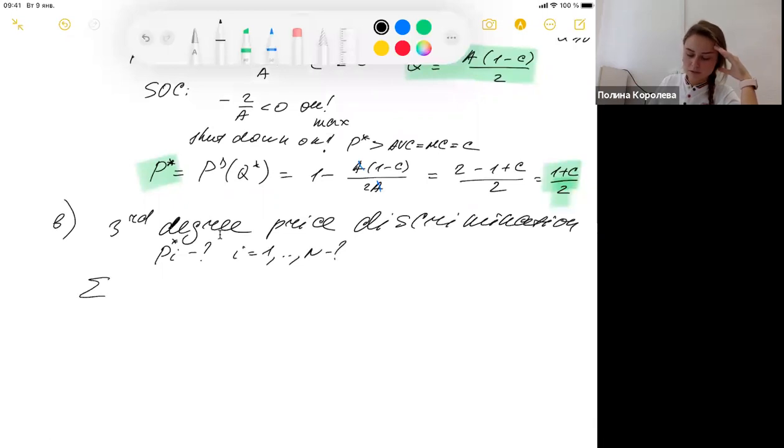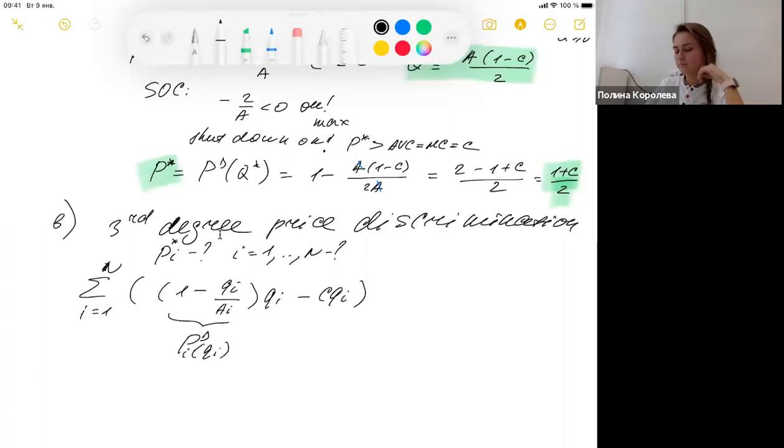So this will be the sum of profits from selling to each consumer, (1 minus QI over AI) times QI minus C QI. Here 1 minus QI over AI is the inverse demand of consumer I. And this we will maximize by choosing quantities that we will sell to each consumer.